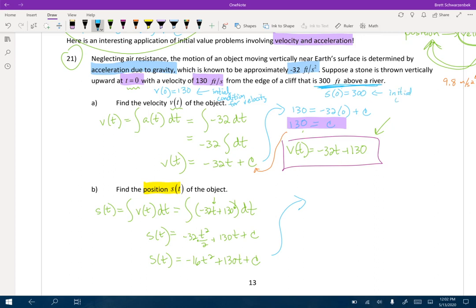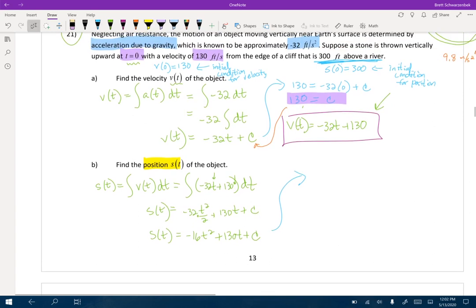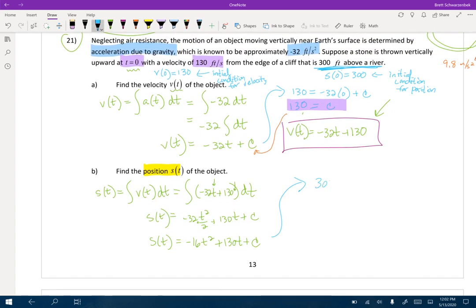Say that a lot of times fast. All right. So if s of 0 is 300, then 300 is equal to negative 16 times 0 squared plus 130 times 0 plus c, which means c is 300 again because these all wipe out. So if we were to rewrite the answer, it would be s of t is equal to negative 16t squared plus 130t plus 300. And this is our position function for our problem.